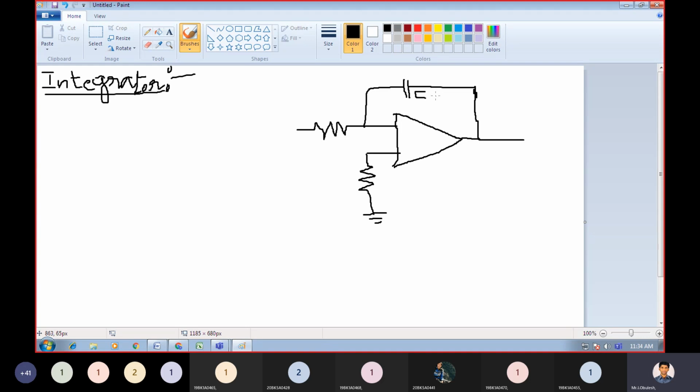Here is the feedback capacitor CF, the inverting terminal, the non-inverting terminal, and the compensating resistor R comp equal to R1.